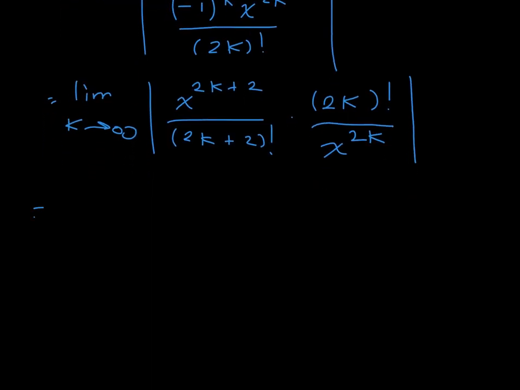Okay, so we have x to the power of 2k plus 2, and then we have x to the power of 2k in the denominator. Let's recall that the quotient rule for exponents says that we can simplify these variable expressions by subtracting the powers. But 2k plus 2 minus 2k just leaves you with 2. So this is just x squared.